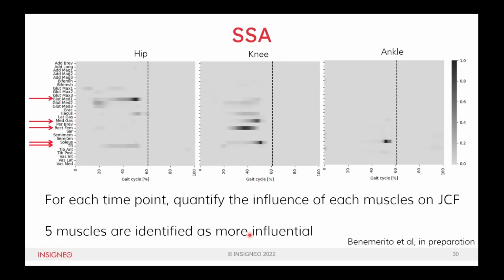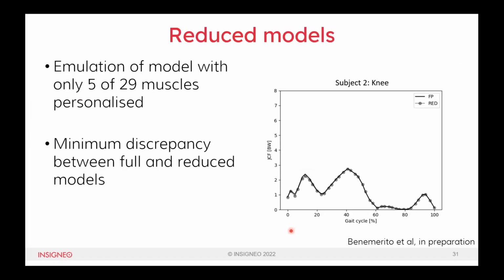So these muscles were then used for performing model reduction, and we built a model where we personalized only 5 muscles of the 29 in the leg, while the values for the remaining muscles were chosen from the average of the population.